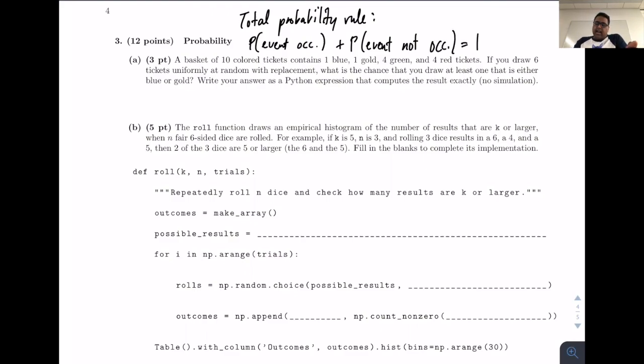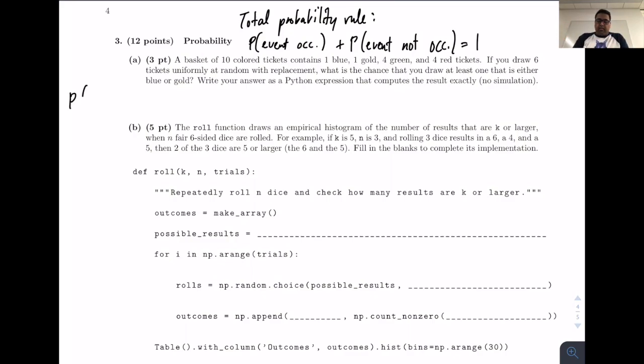A basic example: the probability of the sun rising tomorrow plus the probability of the sun not rising tomorrow is equal to 1. While one of those options may be way more likely, the sum of all possible outcomes in that consideration is 1. Similarly, with this question, either we get no tickets that are blue or gold, or we get at least one, so the sum of those two events will be 1.